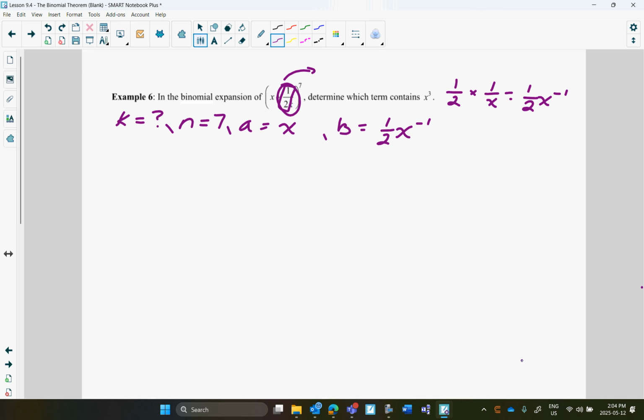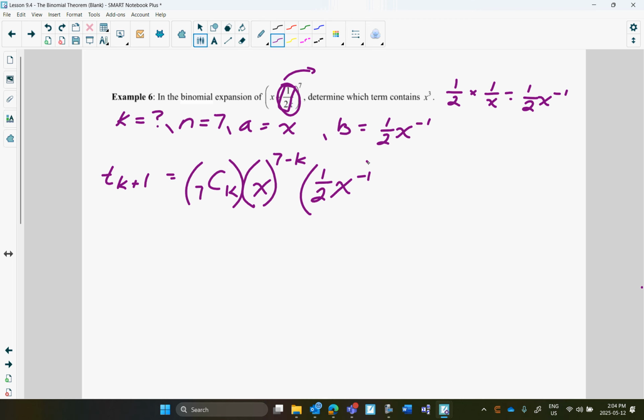All right, so t of k plus 1 equals 7 choose k times x to the n minus k, or 7 minus k, times 1/2 x to the negative 1 to the k.